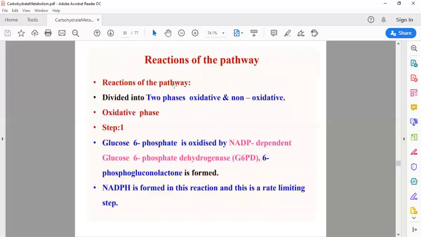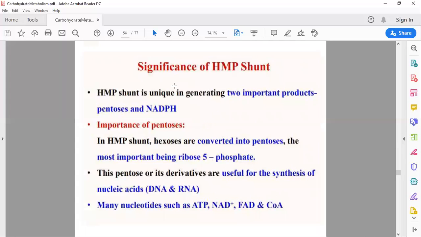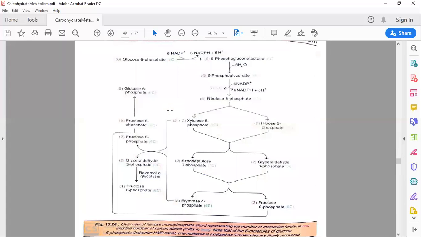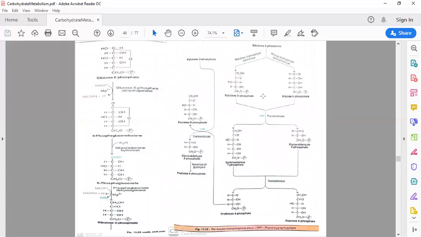So what is the significance of HMP shunt pathway? What is the major role of HMP shunt pathway? It forms two products, that is pentoses and NADPH. You can see here in the cycle, these are the 5-membered carbons, so basically it forms pentoses, and it generates NADPH.